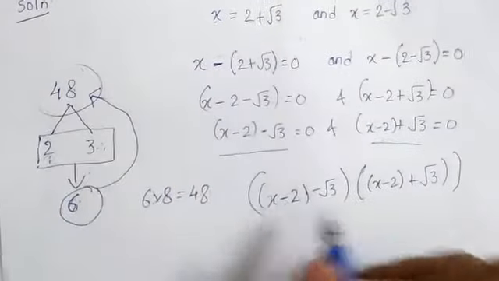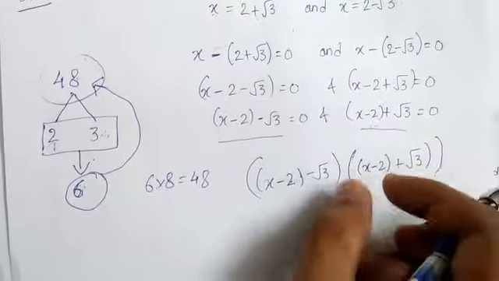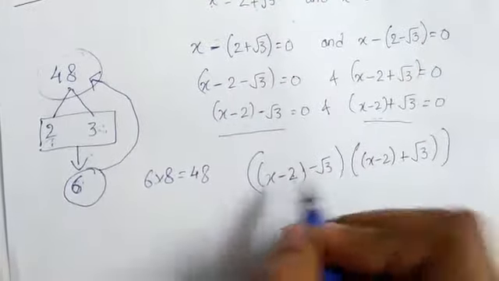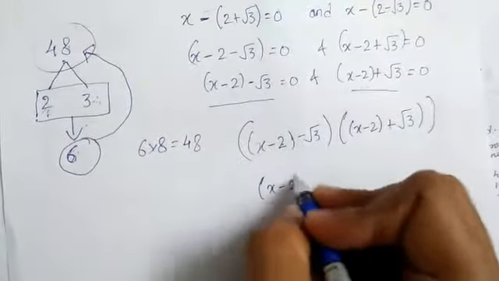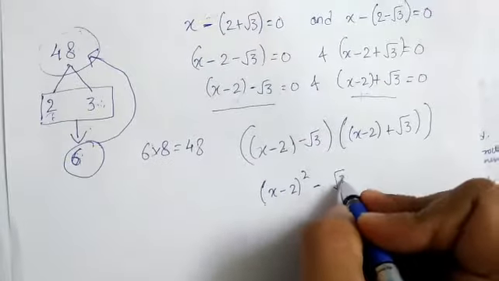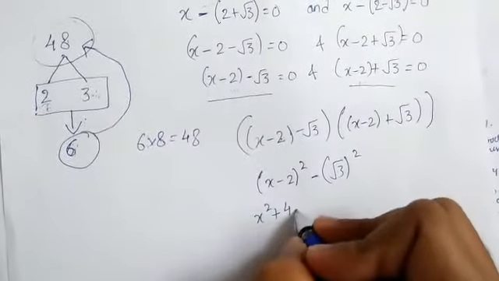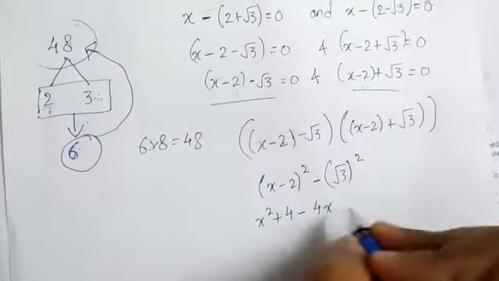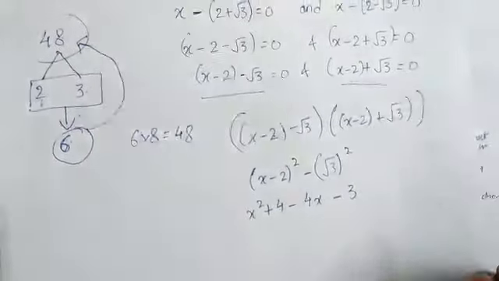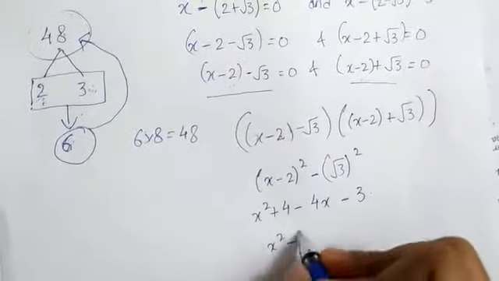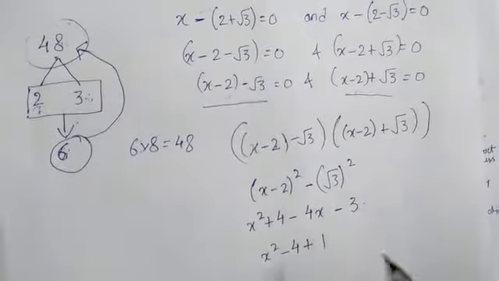This is the only reason I have taken x minus 2 in a different bracket and minus root 3 and plus root 3 separately, to make the identity of a minus b and a plus b, that is a square minus b square. So x minus 2 whole square minus root 3 whole square. Just solve it: x square plus 4 minus 4x minus 3. So x square minus 4x plus 1. So that is correct.